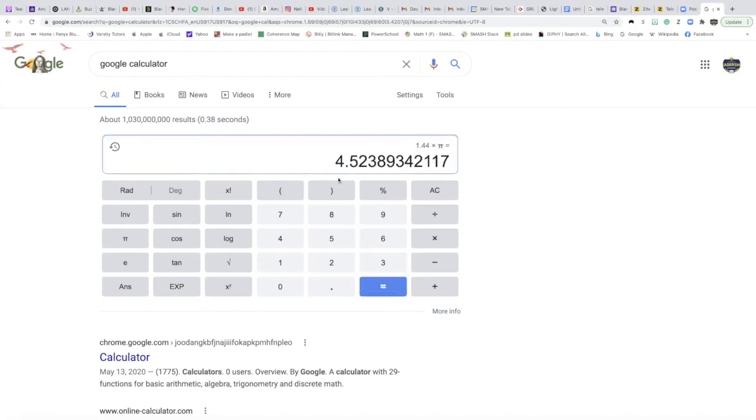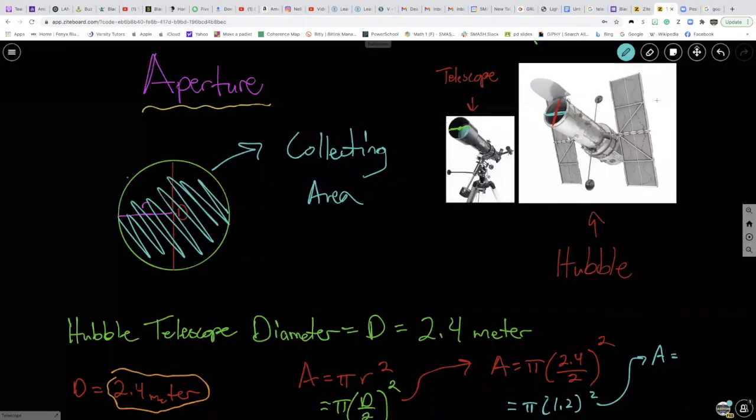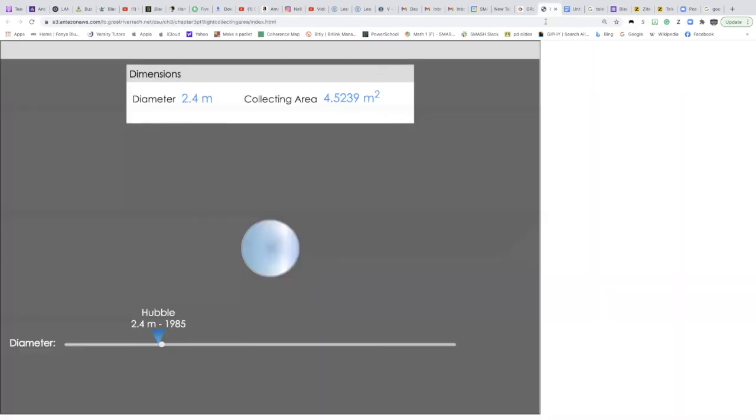That gives us a collecting area, and we go up to two numbers after the decimal, so we have an area of 4.52, and this is in meters. Because we squared it, it's going to be meters squared. And that should match our collecting area here.